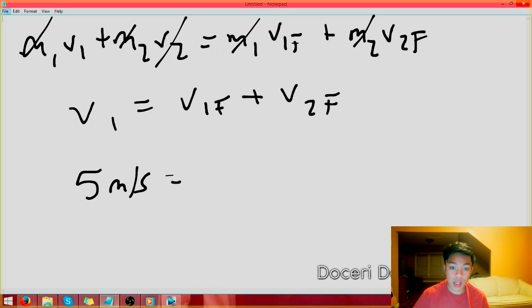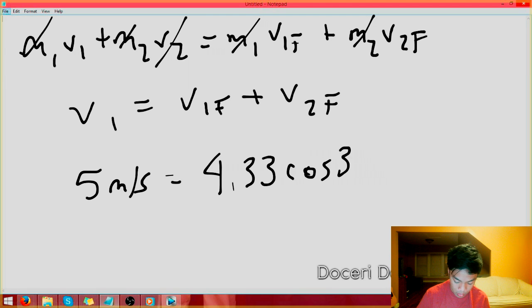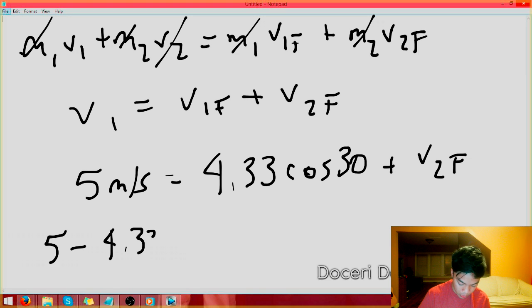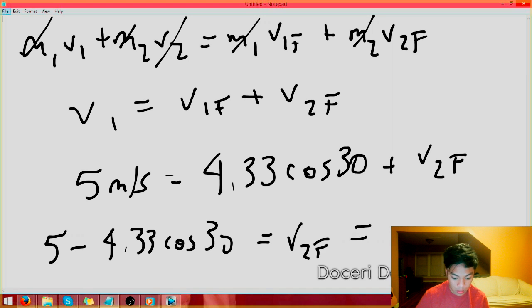For v1 final, we take the x component, so it's 4.33 cosine 30 degrees, plus v2 final, which we are solving for, and we just subtract. So 5 minus 4.33 cosine 30 equals v2 final. That comes out to 1.25 meters per second. That's in the x direction for ball 2.